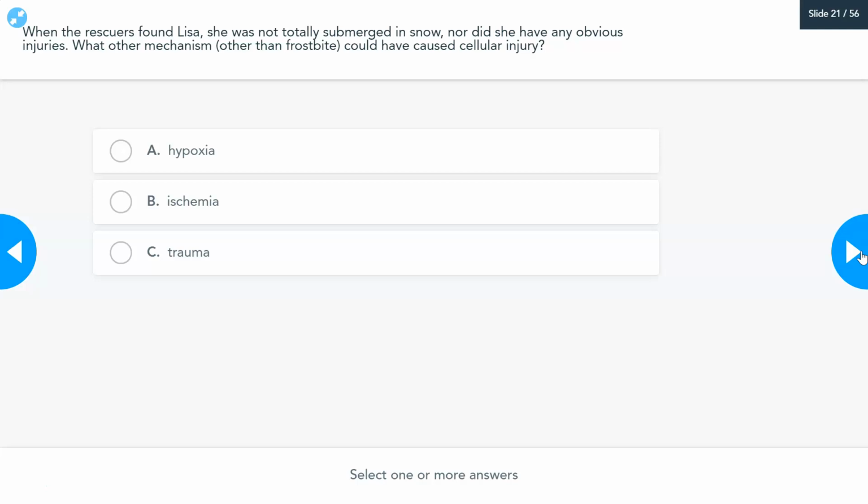Of those three, I would say probably ischemia, because in hypothermic conditions, your circulation is going to go to the center of your body, just trying to keep your organs and your brain warm, and it's not going to be worrying about keeping your fingertips and your ears and the tip of your nose warm, and so you'll have lack of blood flow there, and so that ischemia can also cause the injury in cold.